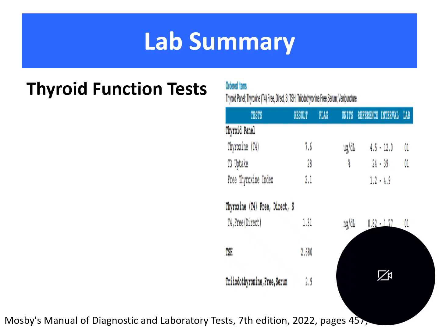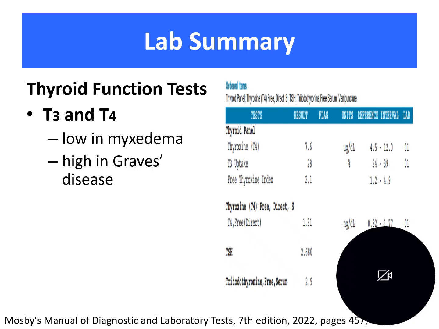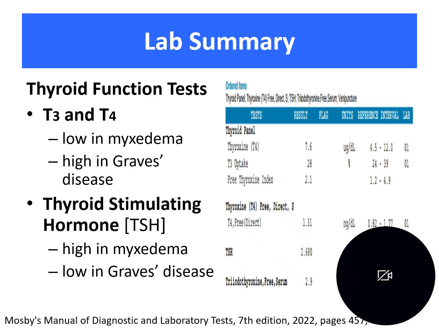Thyroid cancer usually does not mess with the thyroid hormone production. So watch out for that nuance if you ever get that in a question. So T3, T4 levels are going to tell me how the thyroid is functioning. If they are lower than normal, this is myxedema, and if they are high, this is Graves' disease. The opposite is the opposite.